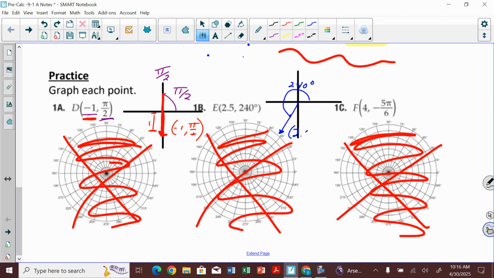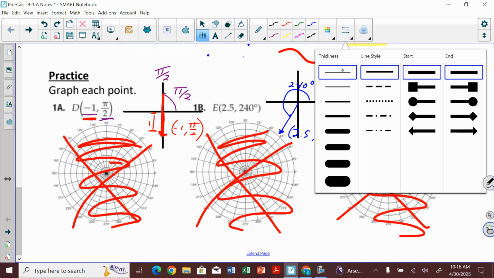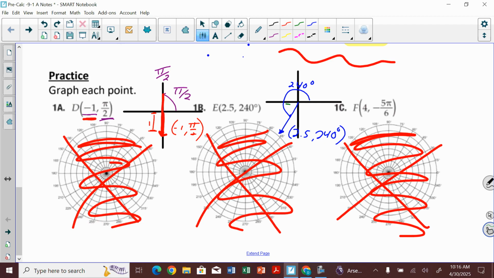That would be 2.5 comma 240. I'll also show that from here to here is 2.5 units long. That's all I have to do.